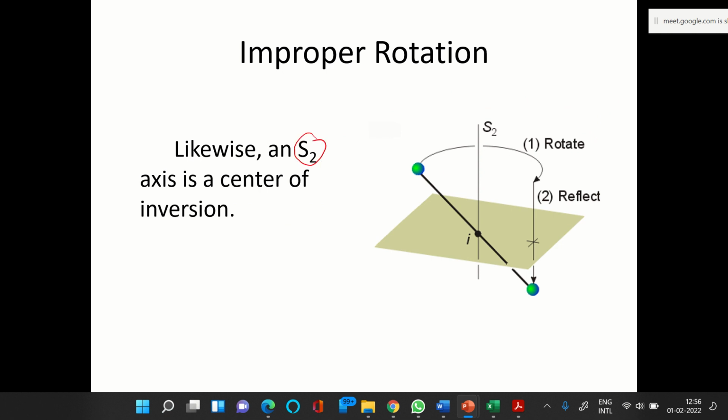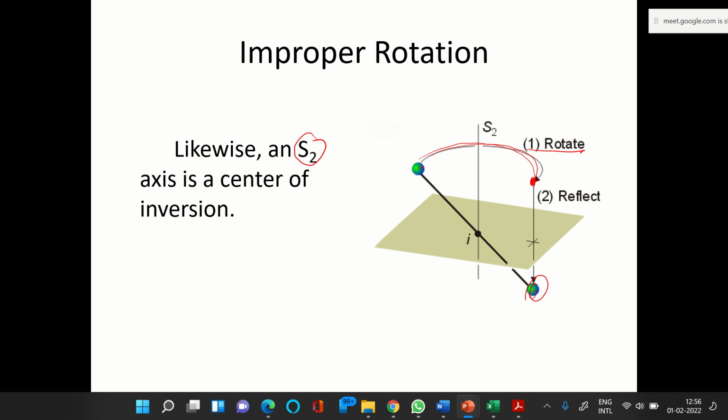If I say there is an S2 axis, what does it mean? Perform 180-degree rotation and then in the perpendicular plane reflect it. So from the point, the 180-degree rotation comes here, and then after reflection it is here. First step we rotate, second step we reflect it in the perpendicular plane, and it is coming here.